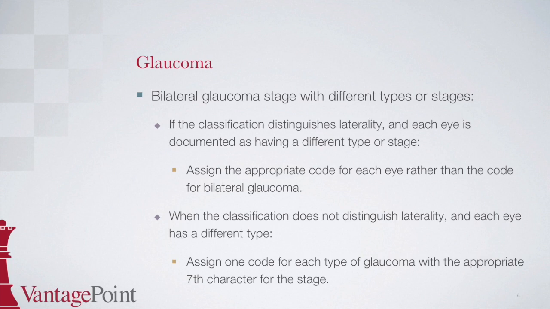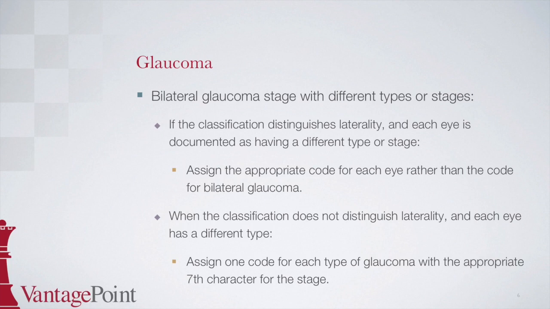Now let's talk about a patient who has bilateral glaucoma, but the type and/or stage is different. If the patient has low tension glaucoma of both eyes, so same type, but the right eye is moderate stage and the left eye is severe stage, you would use 2 codes for this patient rather than the code for bilateral low tension glaucoma.